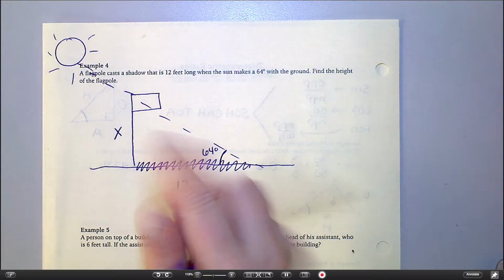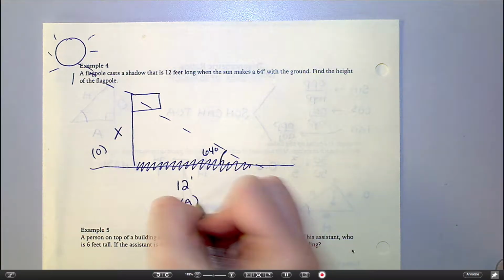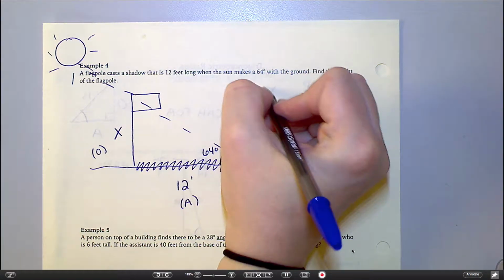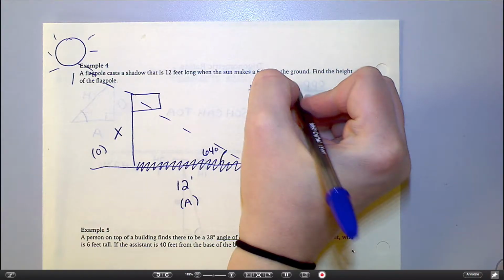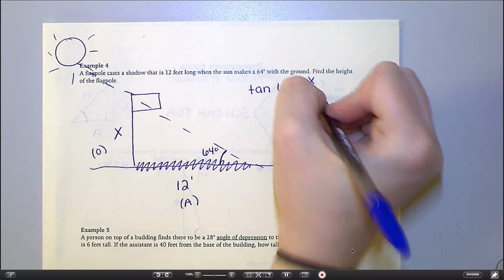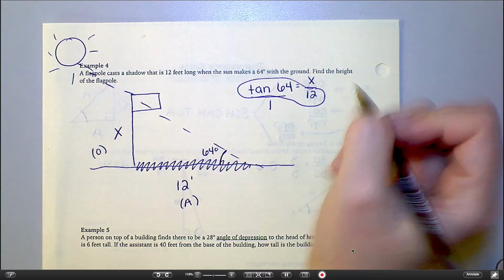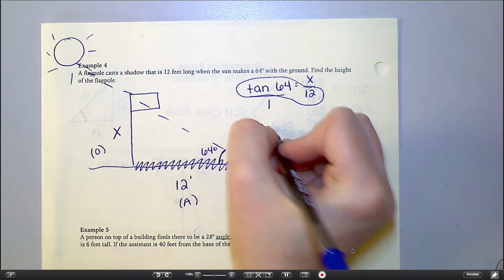Tangent, yep, because I have opposite and adjacent. So I'm going to say tan 64 equals x over 12. When I put over 1 and cross multiply, I'm going to end up doing 12 times tan 64.